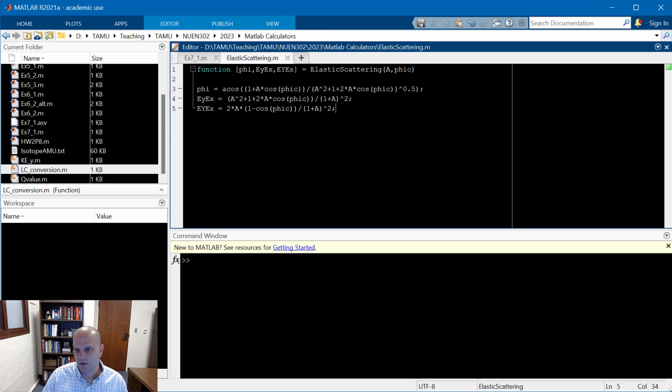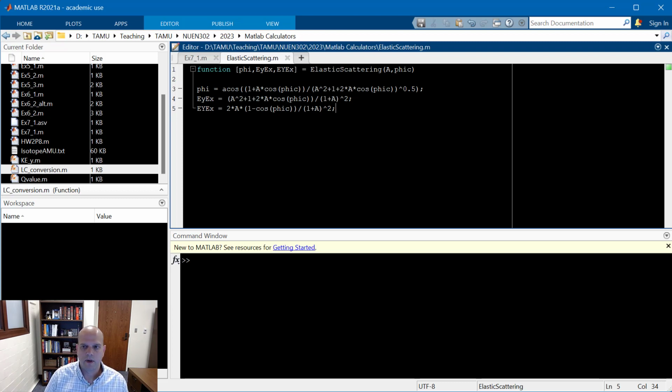And my outputs of this function are going to be phi, so my scattering angle in the lab reference frame. And then this represents the relative decrease in the kinetic energy of the neutron, and this is the relative increase in the kinetic energy of the target. And so these expressions here are just exactly what we just wrote in our notes. There's nothing different, just typing it in.